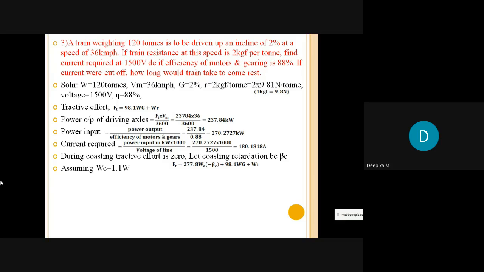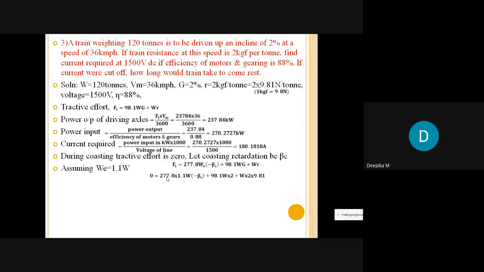Hence, we'll be using the negative sign here, that is minus beta c, and all the remaining terms remain the same. Please remember, during coasting period, tractive effort is 0, as well as the acceleration should be replaced by retardation, and the sign we'll be using here is negative.